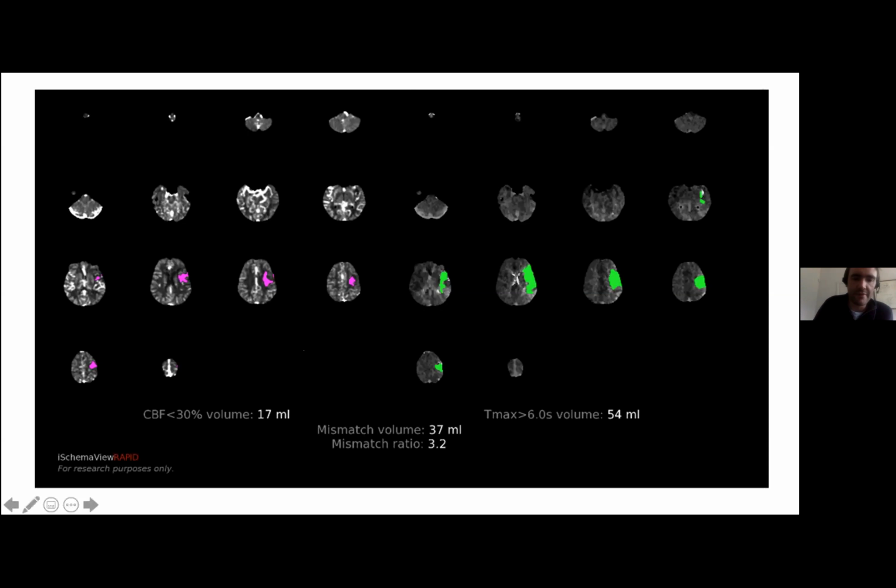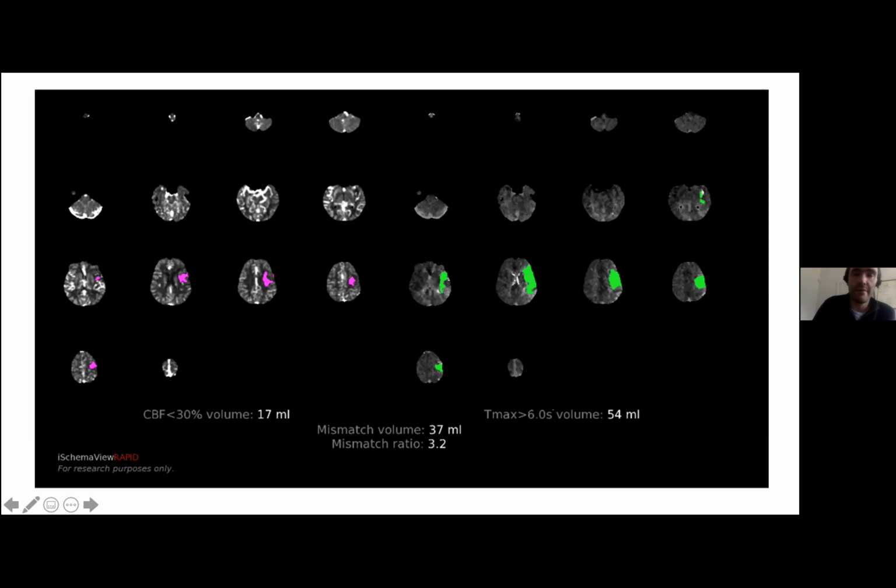They use different parameters and mathematical algorithms to determine that. In this patient, this is his core, attributed to be dead brain, and that core equals about 17 milliliters. But his ischemic penumbra around it is determined to be 54 milliliters. So there's a big mismatch there.